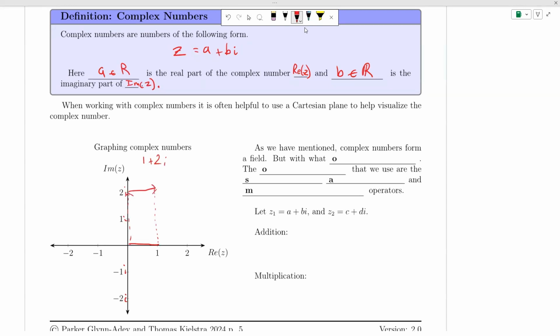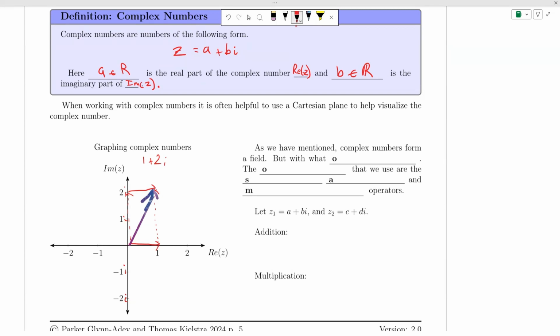And if we think of our vectors, the vector (1, 2) would be the exact same. Our resulting vector is this piece here. That's our resulting vector. And that vector is 1 plus 2i.